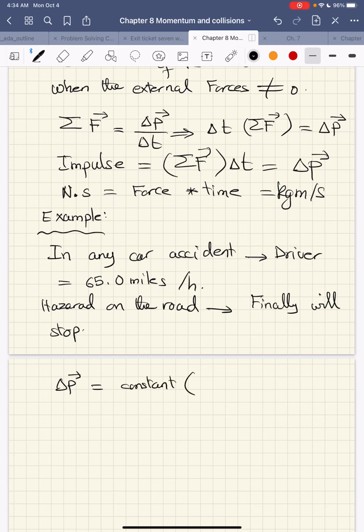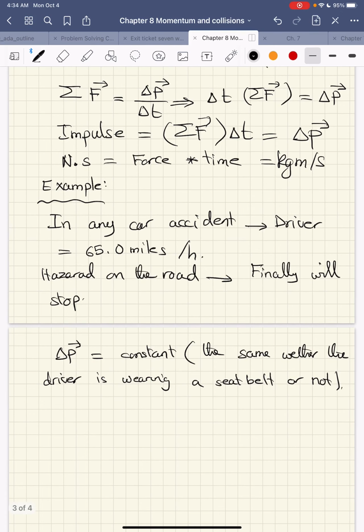The reason it is constant, that it is the same, I will say, whether the driver is wearing a seat belt or not, because that depends, the delta P here depends on the initial and final velocities, right?